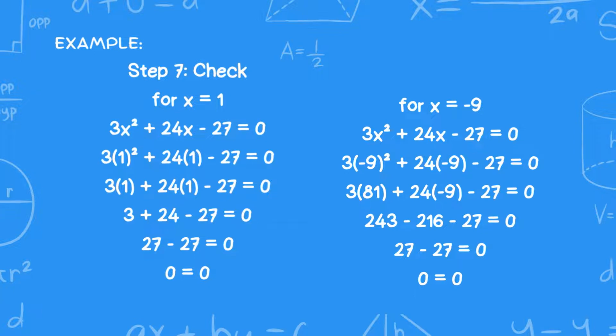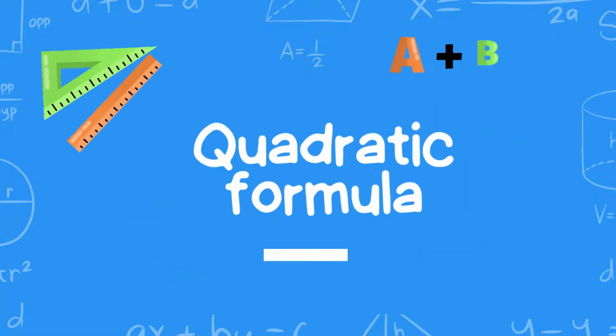Therefore, x equals negative 9 is also one of the roots of 3x squared plus 24x minus 27 equals 0. Therefore, the quadratic equation 3x squared plus 24x minus 27 equals 0 has two real solutions, x equals 1 and x equals negative 9.